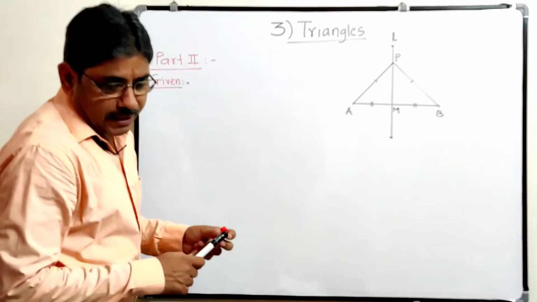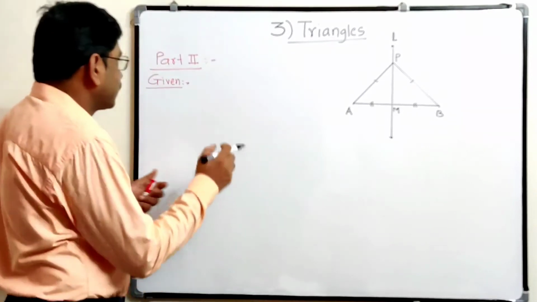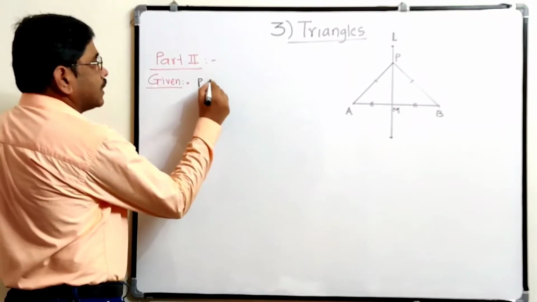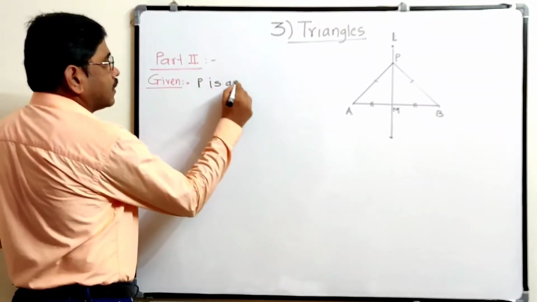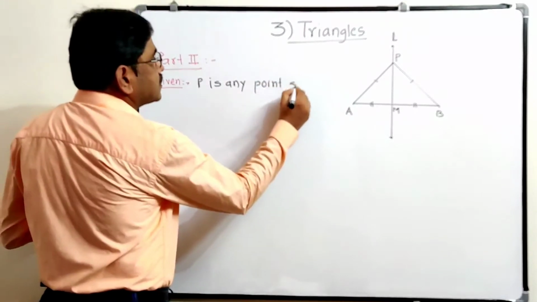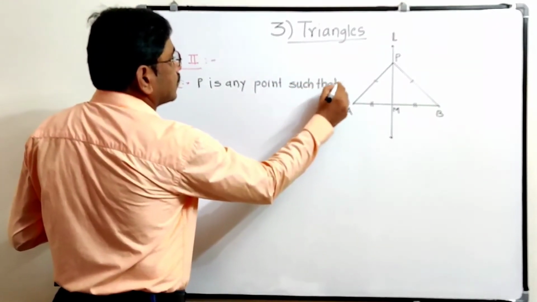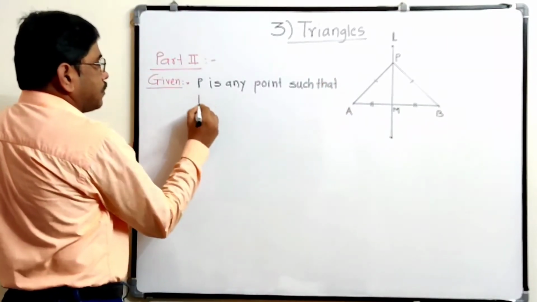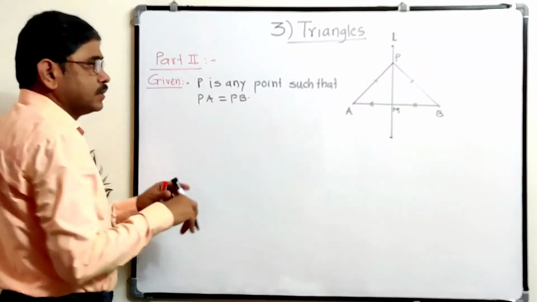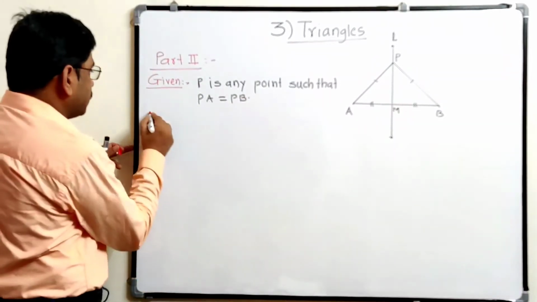P is any point such that PA equals PB. Then second thing, to prove, what do we have to prove?